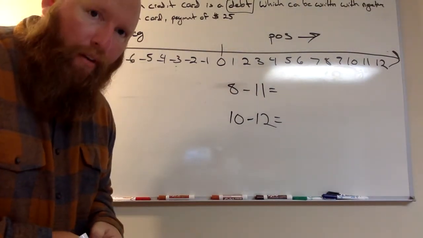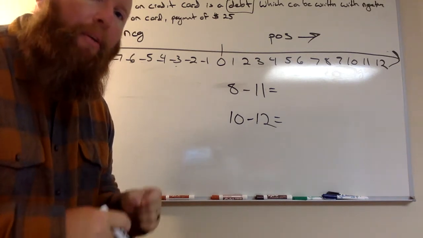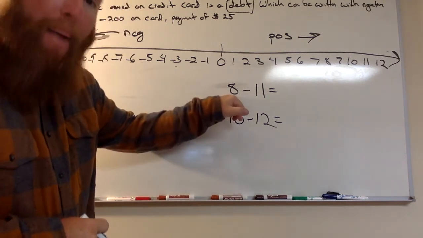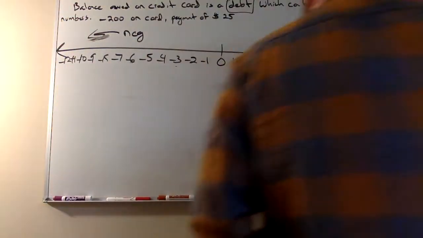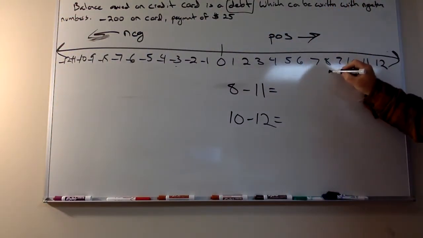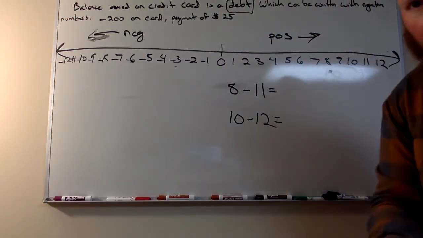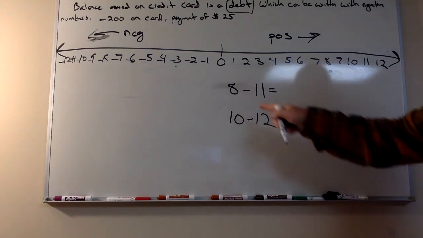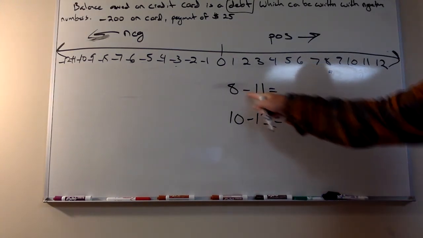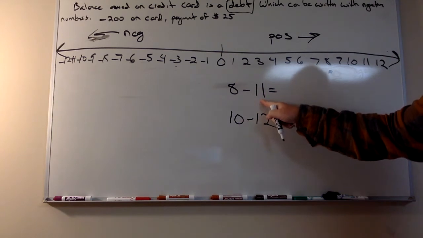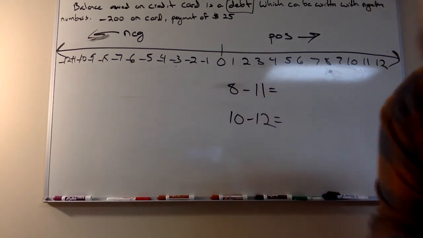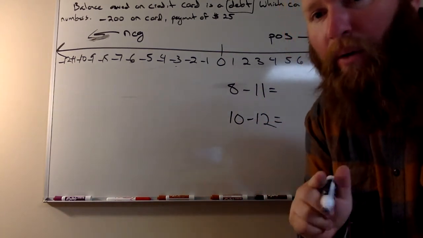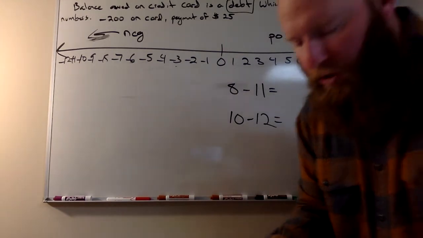Where are you starting from? You're starting from the first number in the equation, which is a positive 8. So I'm going here, positive 8. Right? Everyone's with me? So I'm at the positive 8, but what am I doing to it? I'm taking away 11. Take away means what? Subtract, right?